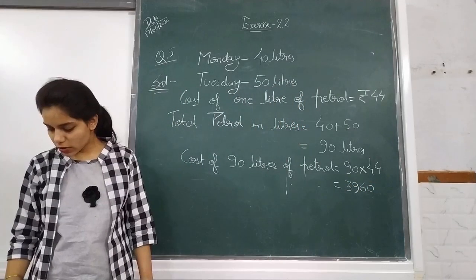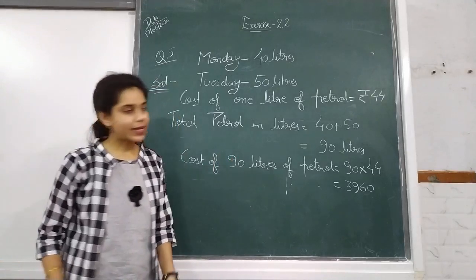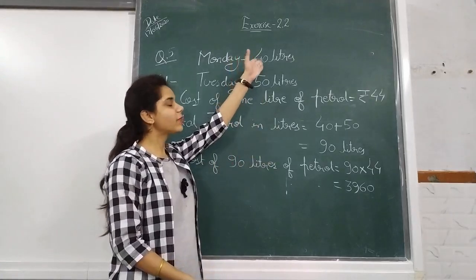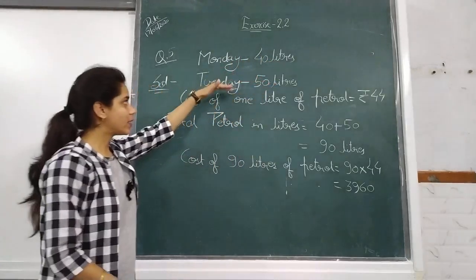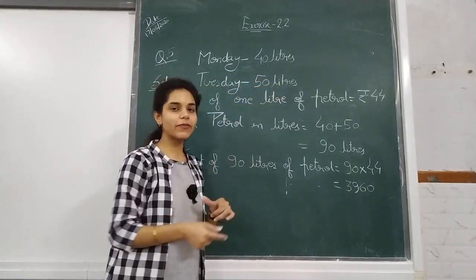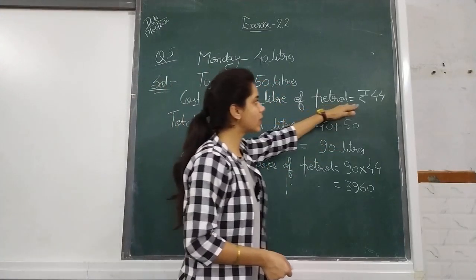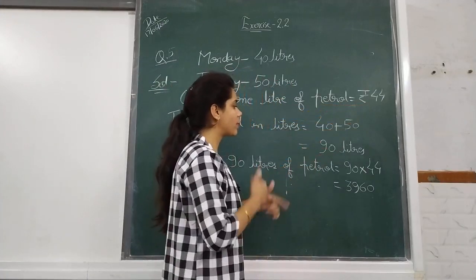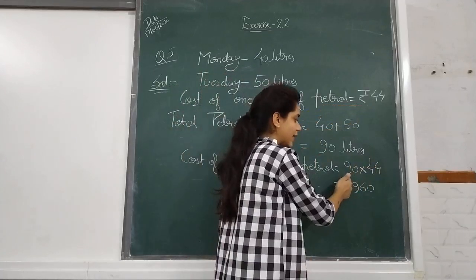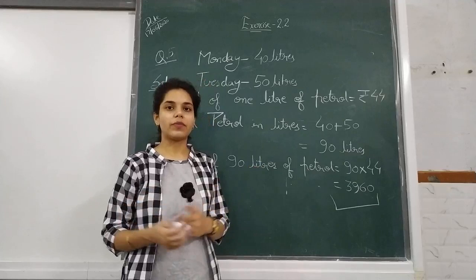Okay, understood everyone? What they are saying is that on Monday he filled 40 liters of petrol and on the next day he filled 50 liters of petrol. So total petrol he filled was 90 liters and cost of 1 liter petrol is 44. So if you multiply that 44 with 90, you will get the total cost he spent on petrol.